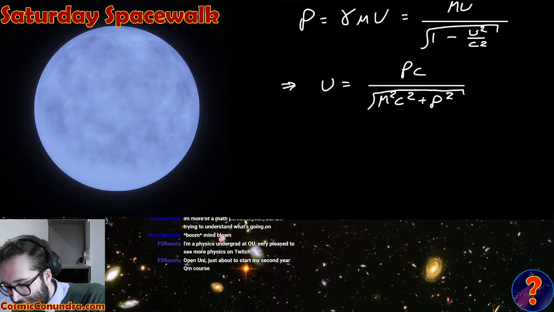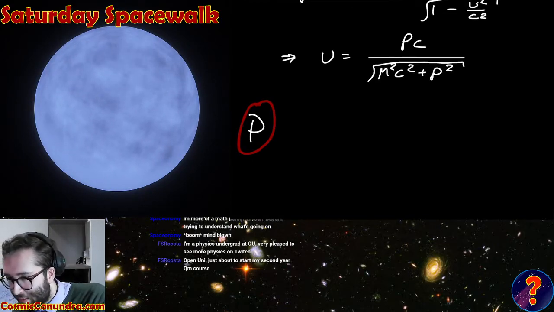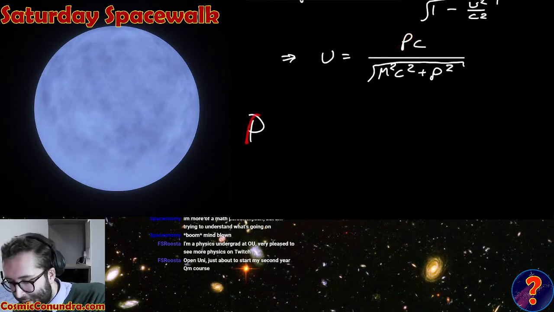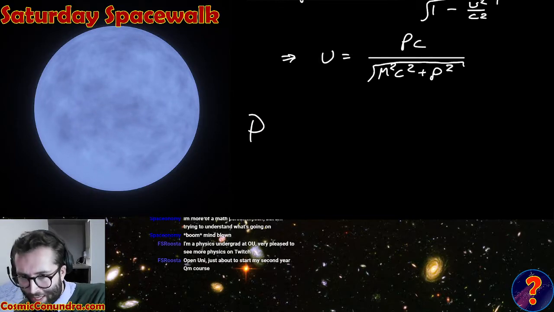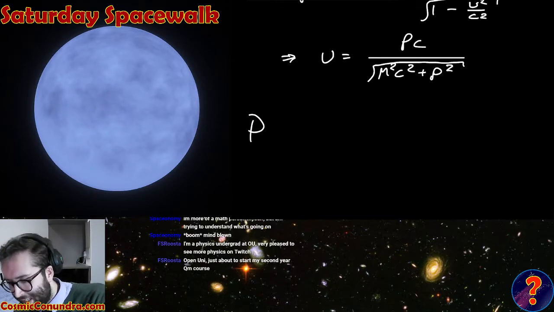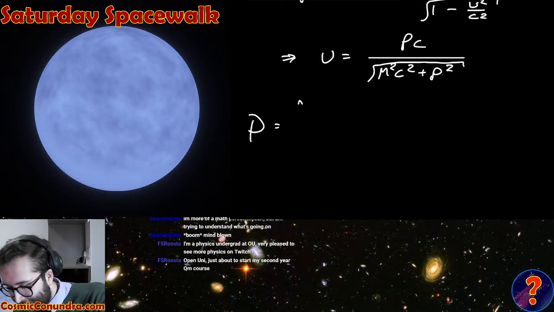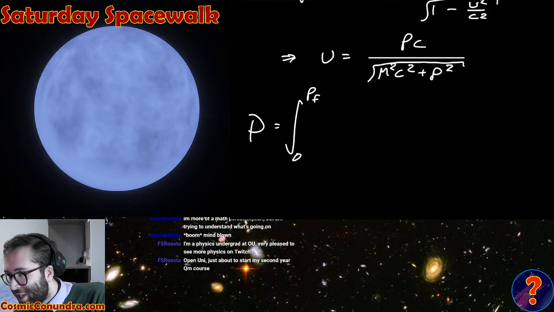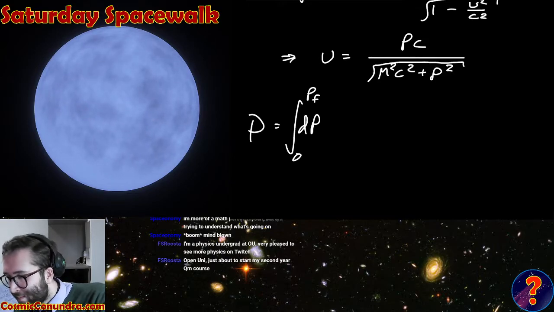So then our total integral for the pressure, this big P here is pressure, not momentum. It gets a little confusing because we've got a P for momentum, a P for pressure, and later we'll have a rho for density, which looks a bit like a P, but I'll try and keep them looking different. So we have an integral from 0 to the Fermi momentum, integrating with respect to p, the momentum.